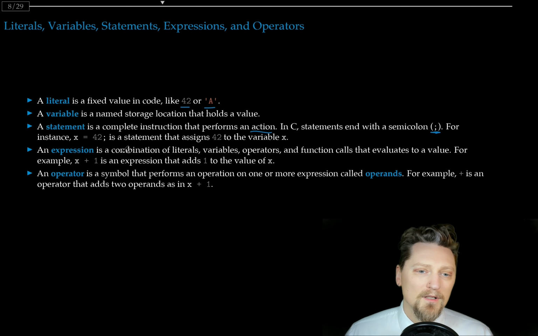An expression is a combination of literals, variables, operators, and function calls that evaluates to a value. For example, x plus 1 is an expression that adds 1 to the value of x. So x plus 1 is an expression. Multiple expressions, sometimes just a single expression, will be in a statement before the semicolon.